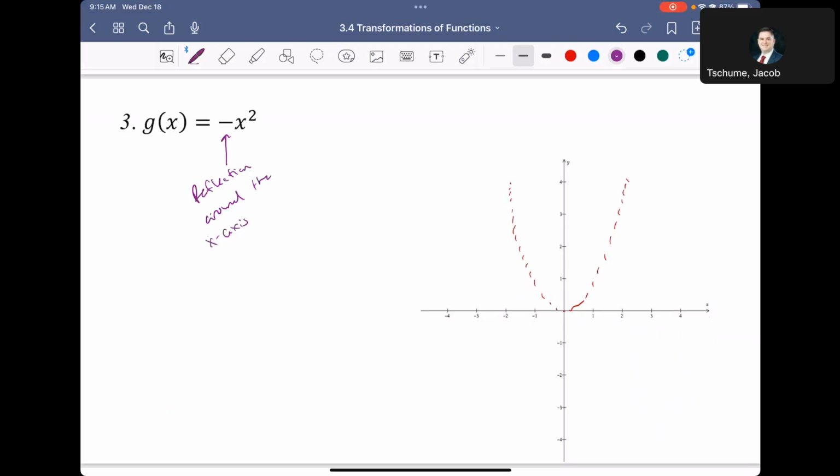So all I'm going to do is draw a picture of the same parabola, but I'm going to flip it upside down. So it should end up looking like this. And the purple graph is a sketch of g of x equals negative x squared. I think that's one of the easiest ones to do. And so there you go.